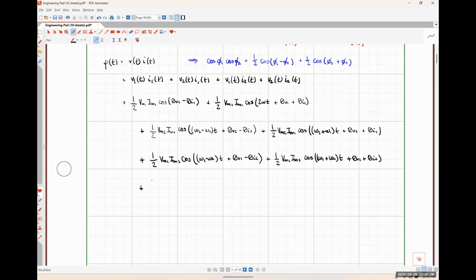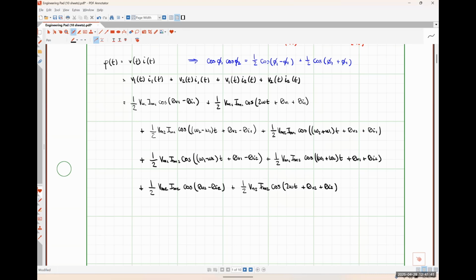So that'll look like 1/2 VM2 IM2 cosine theta V2 minus theta I2, plus 1/2 VM2 IM2 cosine twice omega t plus theta V2 plus theta I2.